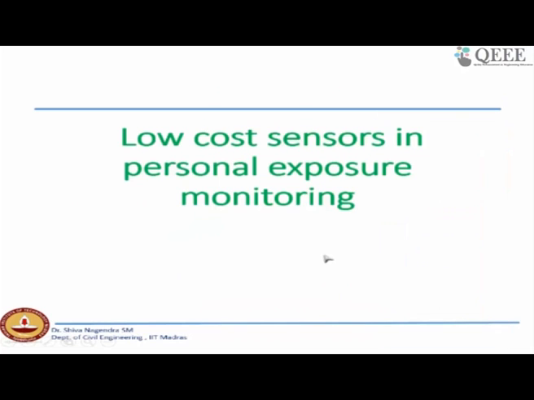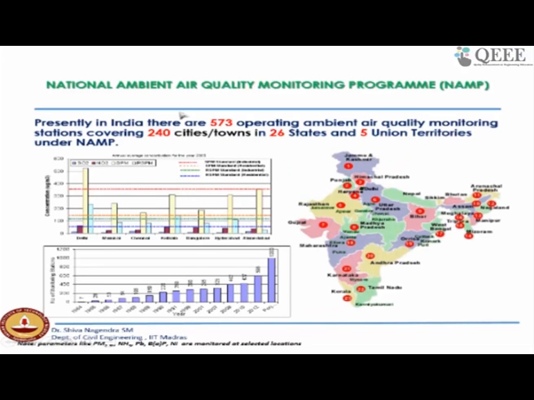Now I'll move on to the other topic, which links low cost sensors to personal exposure monitoring. Let us try to understand. Under the National Ambient Air Quality Monitoring Program, we presently have about 573 ambient air quality monitoring stations across the country, in 240 cities, 26 states and 5 union territories. This picture gives data indicating the number of monitoring stations operating to characterize the air quality in different parts of the country.